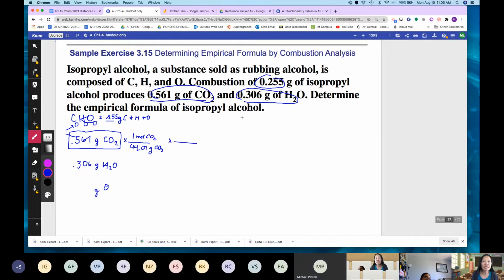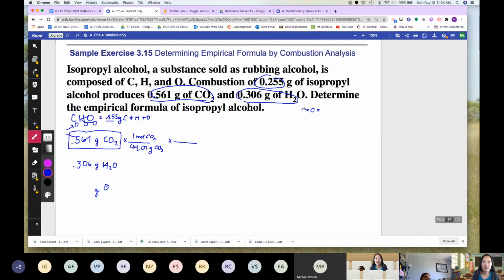So CO2 looks like this. How many C's do you have? One. For every 1 mole of CO2, you have 1 mole of C, because I see 1 in there. Does that make sense? So that will give you the moles of C.